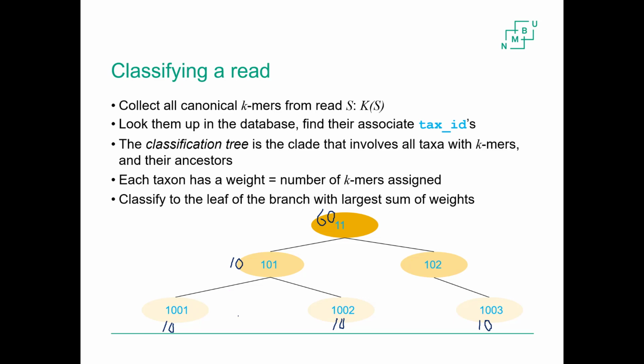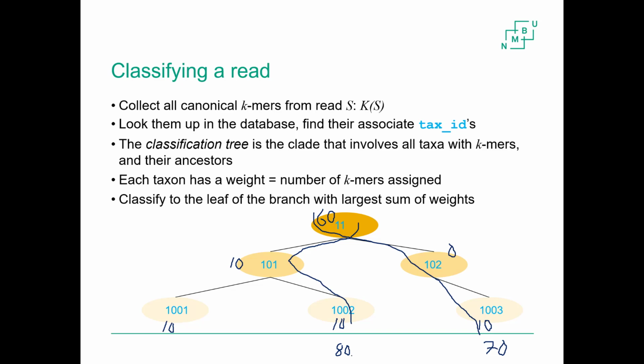But how is it classified? Well, now the whole tree here is the classification tree, and we have to add up the different branches. First, above this family there is 0. The first branch is down here, and that will have a weight of 70, because it's 60, 0 here, and 10 down here. The second branch is going this route, and this will have 60 plus 10, which is 80.